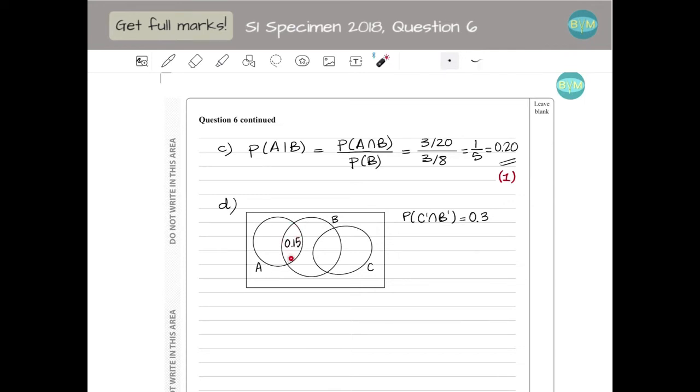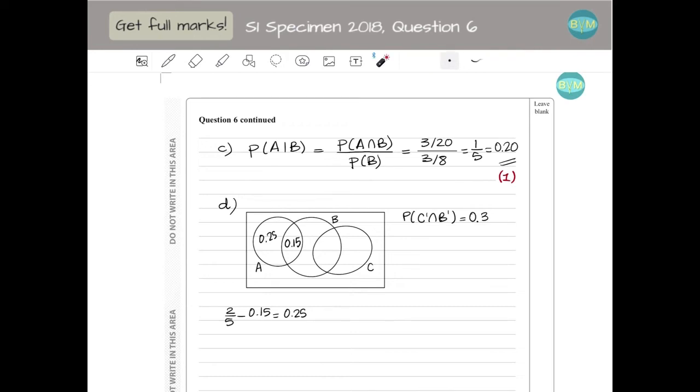If we have this intersection, as we know probability of A, we can find this bit here, which will be probability of A, which is 2/5, so 2/5 minus 0.15. That bit here is 0.25.